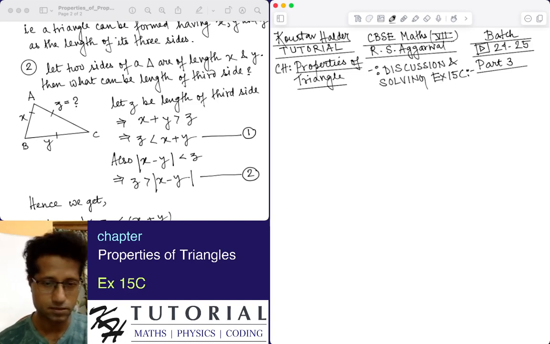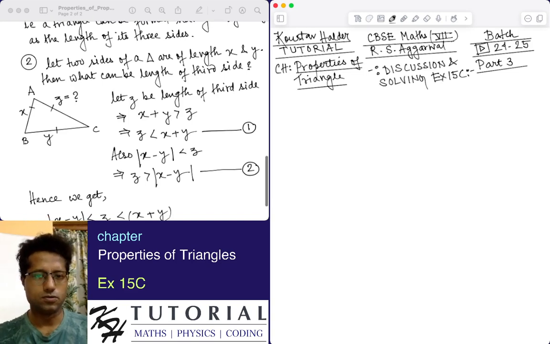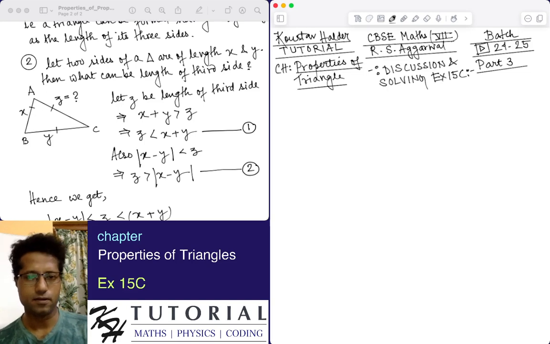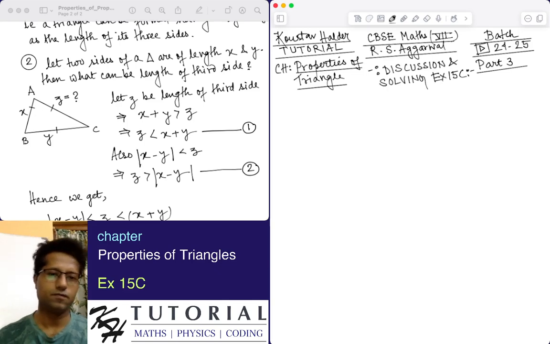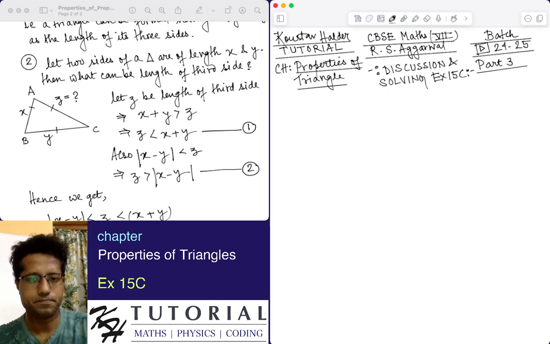So let this be equation 1. And we also know from the second triangle inequality that the difference of the lengths of any two sides is always less than the length of the third side. So we can say that modulus of x minus y is less than z, or we can say that z is greater than modulus of x minus y.